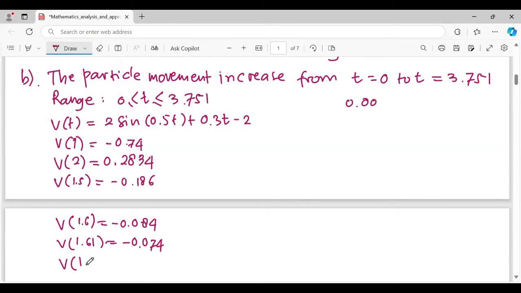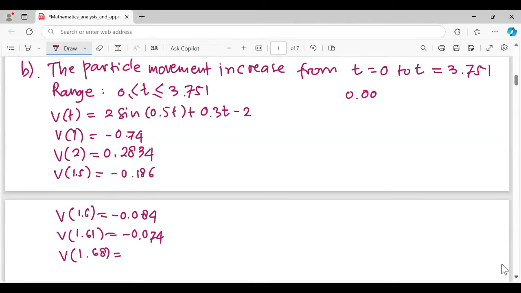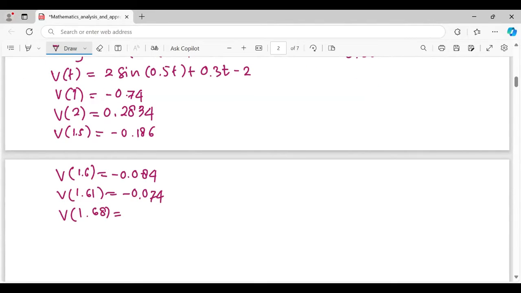While if t equals 1.68, okay, I have checked one by one, and the result is minus 0.0061.